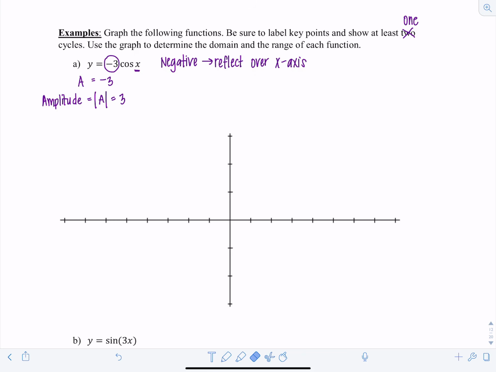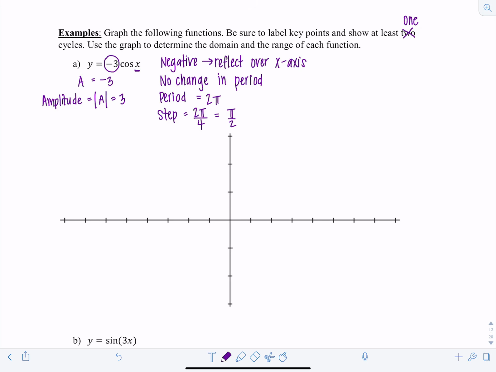It could be a horizontal stretch or compression, but I don't see anything in front of there. So there's no change in the period. So that means the period is still equal to 2 pi. And then the step is equal to the period divided by 4. Okay, so 2 pi divided by 4, that's pi over 2.